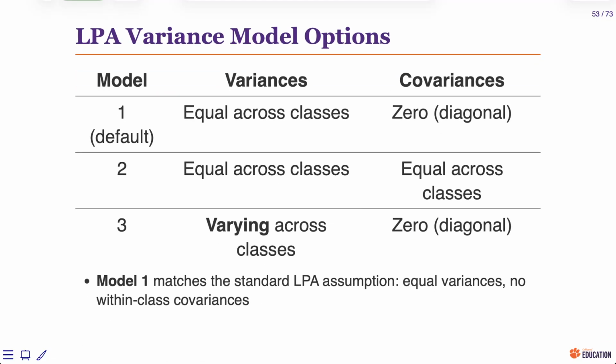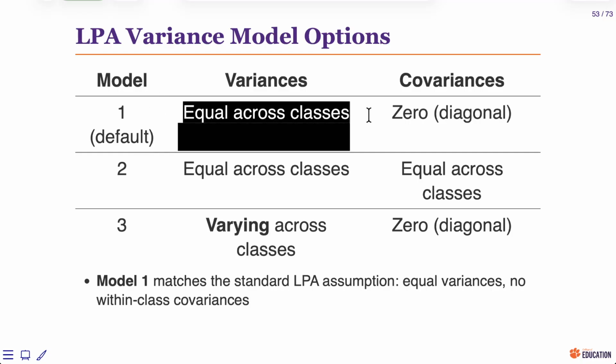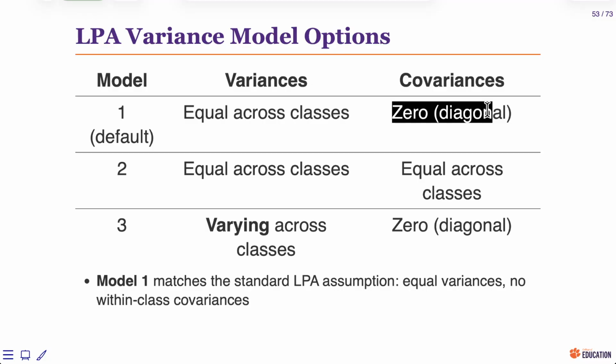Now, there are different model options for the different classes. Again, the default assumes equal variances across classes and no covariances. But it gets a little bit more complicated as you go further. You can have equal variances across classes and equal covariances across classes.